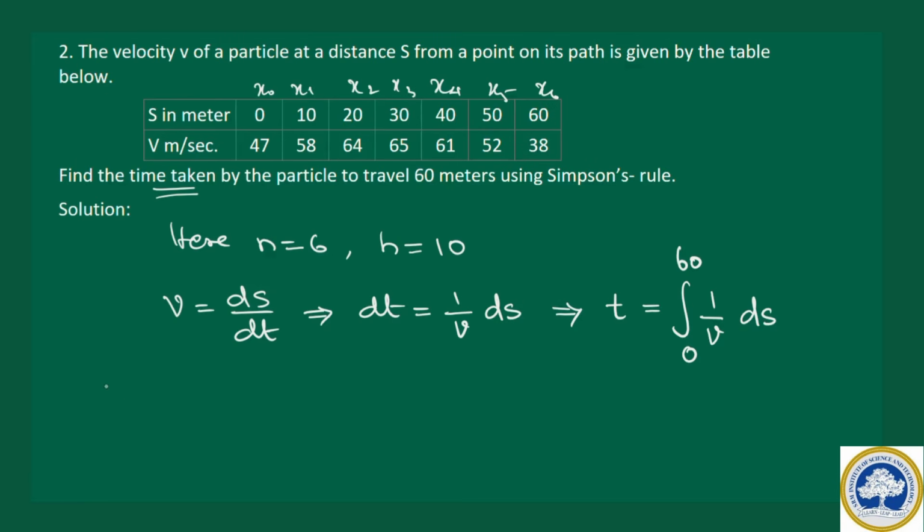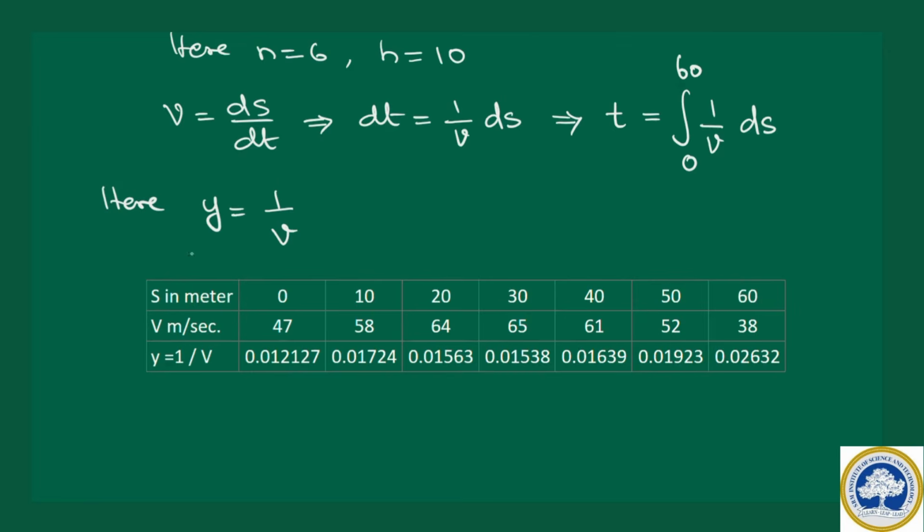Here y is considered as 1/v. The data given is velocity v, but while doing integration we want to calculate 1/v, so whatever value we have as v, we have to take it as 1/v. Since y = 1/v, now we can find the value of 1/v.